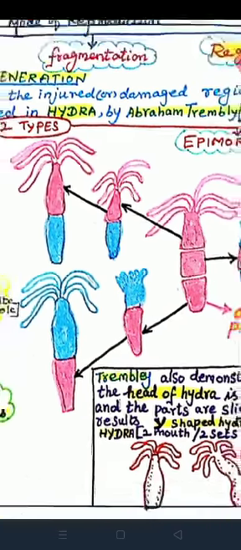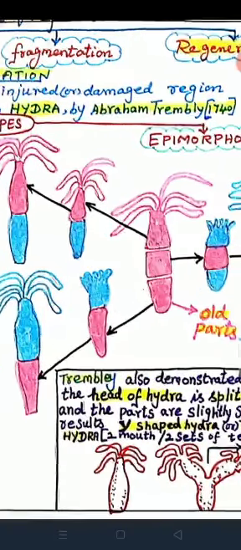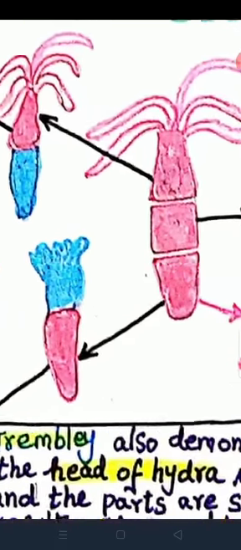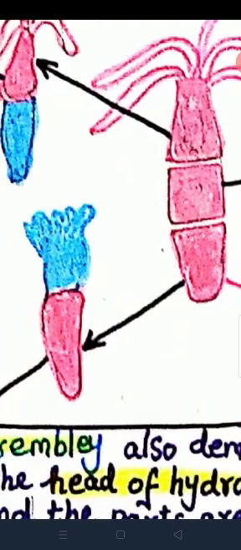Shall we see the polarity simply? When Hydra is cut into 3 pieces, the lower piece develops a head and the upper piece will develop a foot.